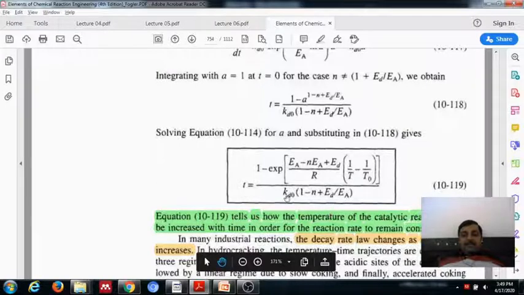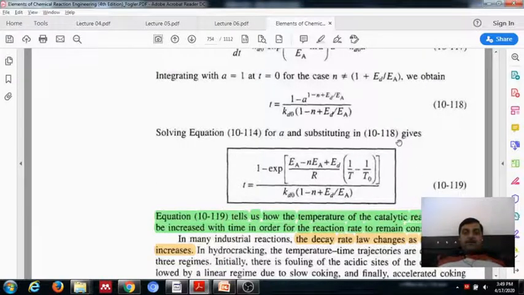Now let us look at this expression. This is what we were looking for. This is time, rate of decay known, decay order known, activation energy is known, R known, initial temperature known.